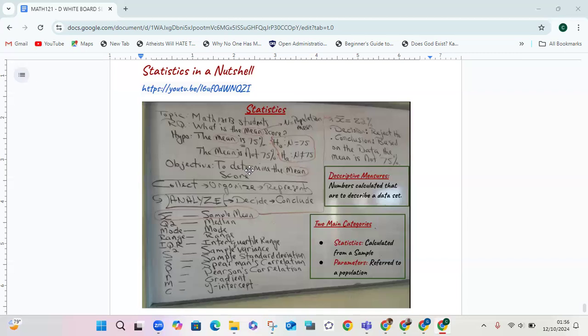In order to do that, you must collect data. Let us say you issue a test and you have collected the scores.